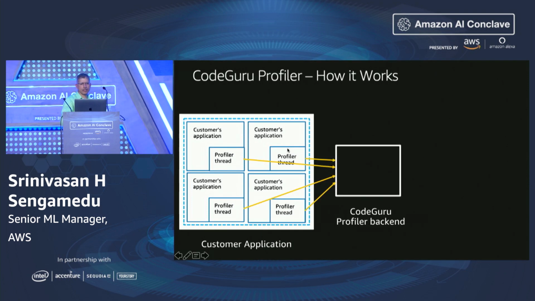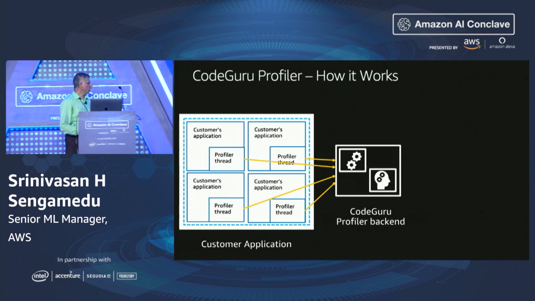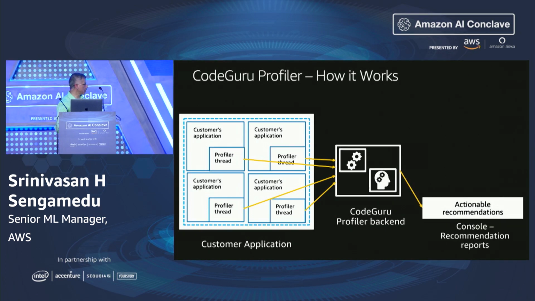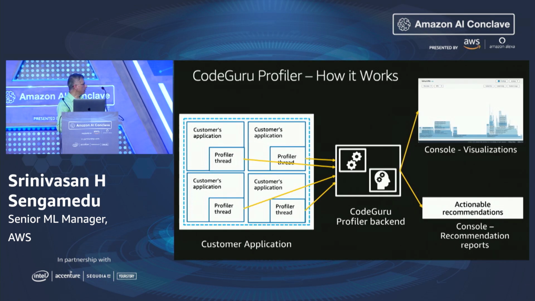These stack traces are sent to the backend, and first they are aggregated, and then we apply models on this aggregated data, and out of this you get 2 things. The first one is the kind of recommendations we saw about the date and the cryptographic library, and the second one is the visualization.